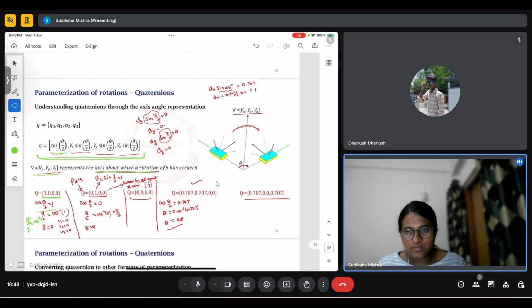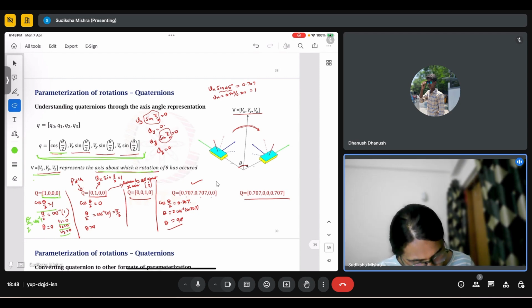So theta is equal to 0 degrees. And since sine theta by 2 is equal to 0, you get V1, V2, V3 equal to 0. This is also solved. Let's try to solve this.